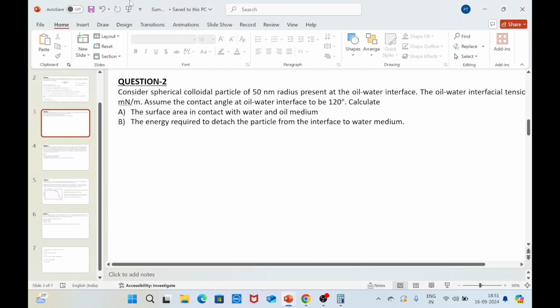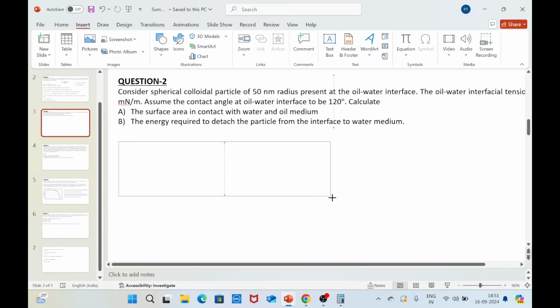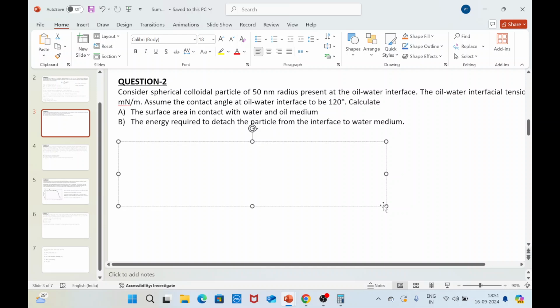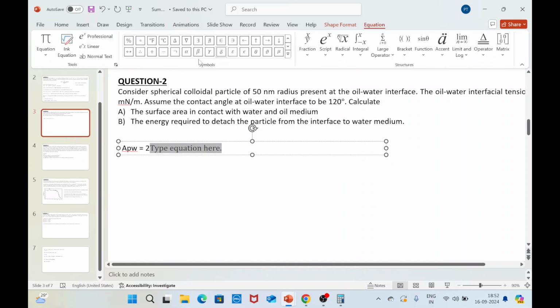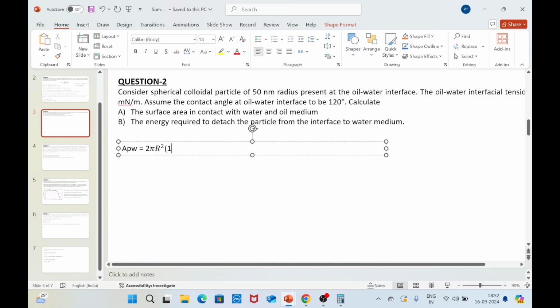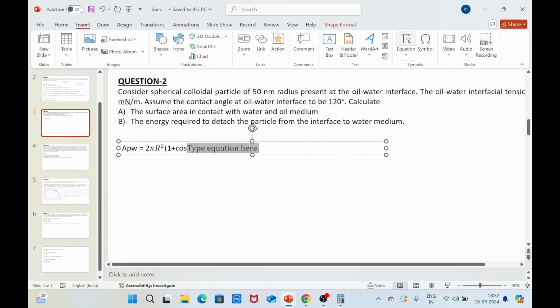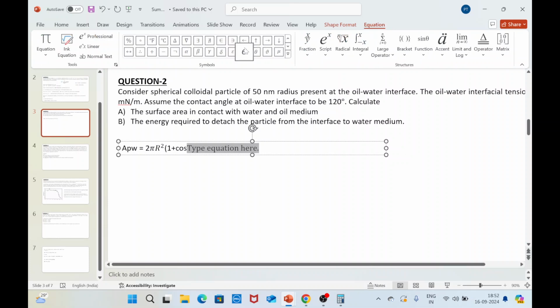So we have equations. For the surface area of the particle that is in contact with your water medium, the expression is given as A_PW, the area of the particle in contact with the water medium, equal to 2 pi r squared times (1 plus cos theta).